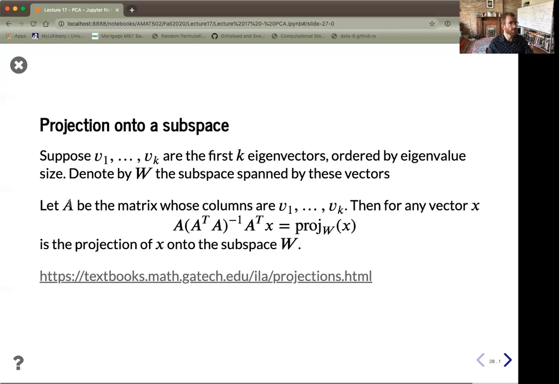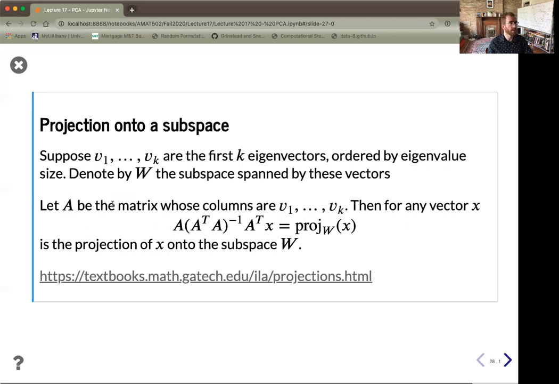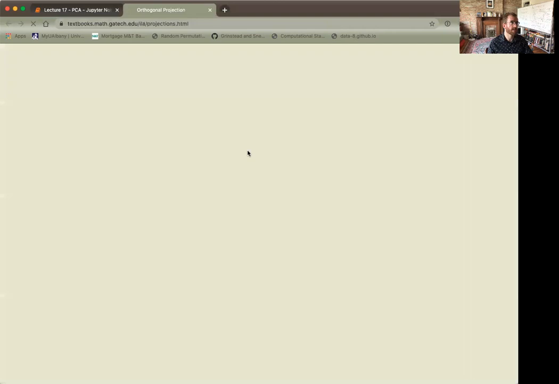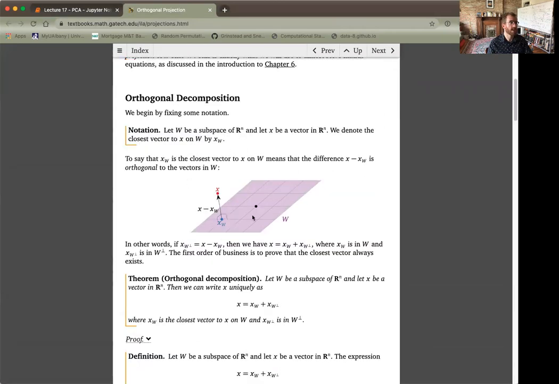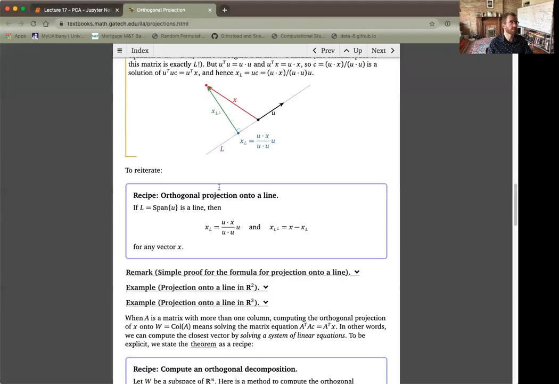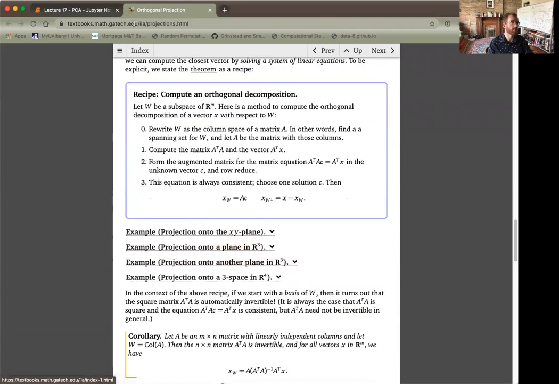The formula for projection says that if I have a matrix whose columns are V1 through Vk, then any vector x projects onto this via this formula. This takes a little bit to really understand, but you should review this construction, which we'll go through and explain in more detail. You can start by just projecting onto a line and then figure out the general method.